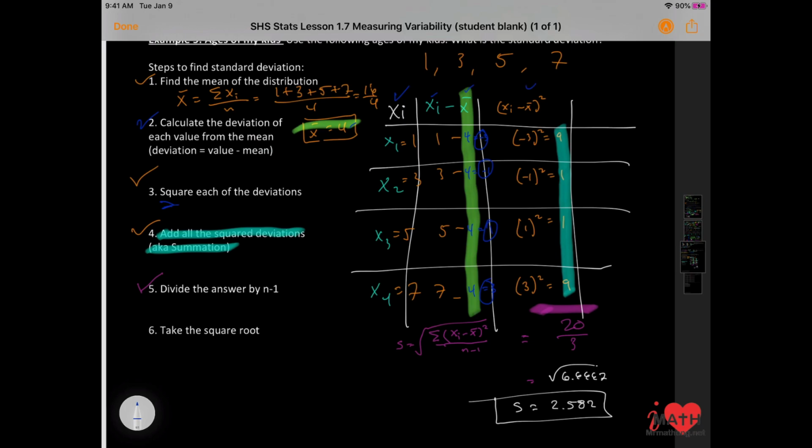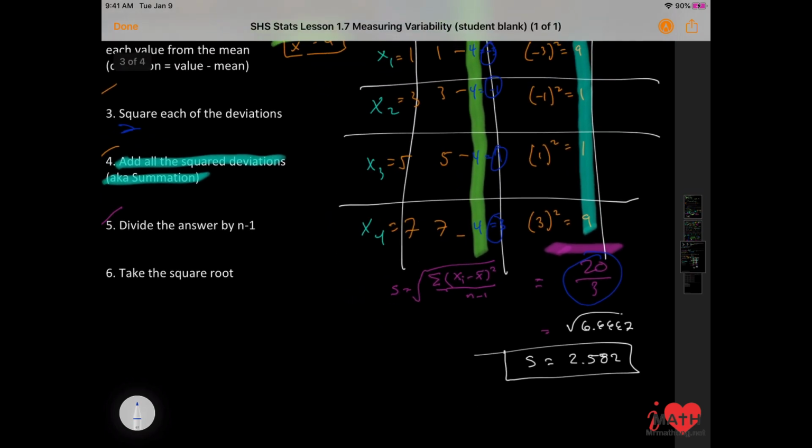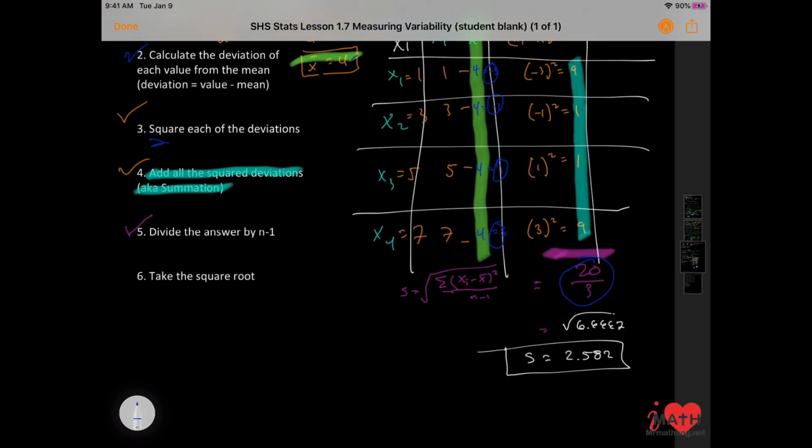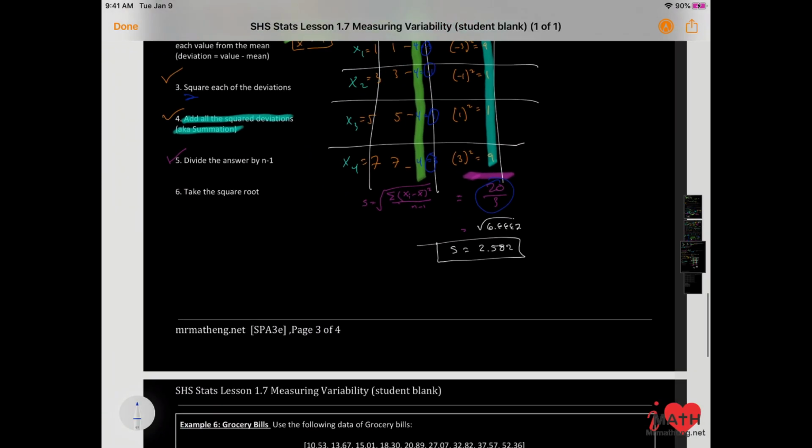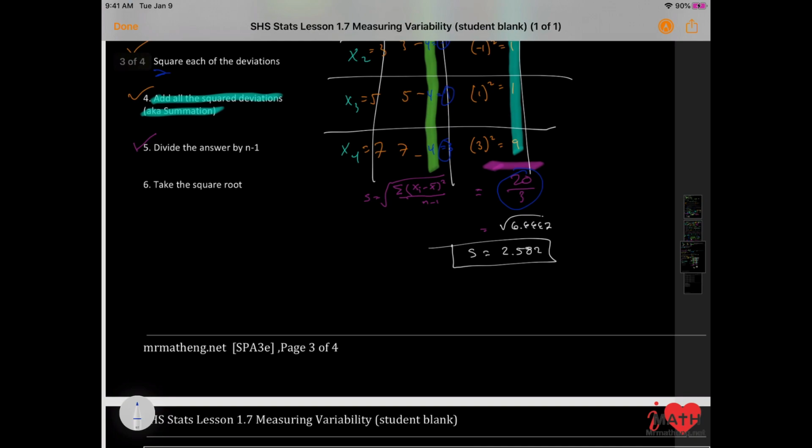And then I added up all the squares and got the number circled here in blue. And then you divided that number by n minus 1. So n was 4, so 4 minus 1 is 3. So 20 divided by 3 is 6.667. And then I took the square root of that number, and that gives me the standard deviation. So it is that much work. But go step by step.